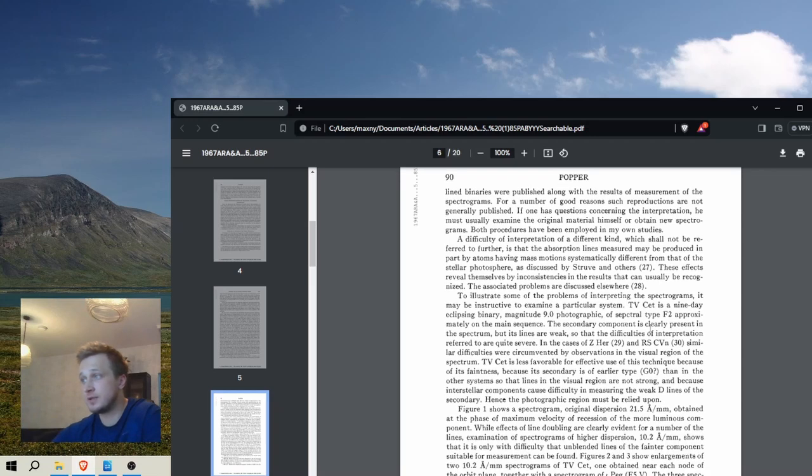The secondary component is clearly present in the spectrum, but its lines are weak, so that the difficulties of interpretation referred to are quite severe. In the case of Z Her and RS CVn, similar difficulties were circumvented by observations in the visual region of the spectrum.